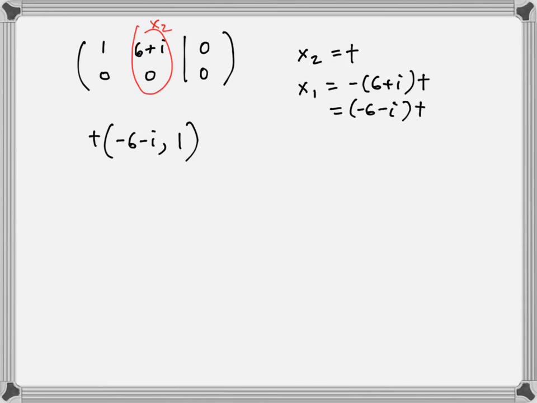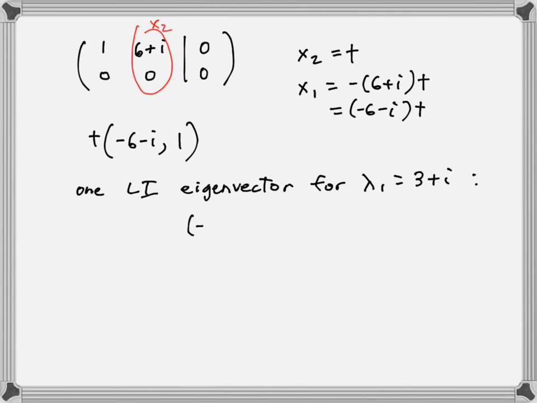In other words, we have one linearly independent eigenvector for lambda 1 equals 3 plus i, and it is negative 6 minus i, 1. What would the complete set be, by the way?